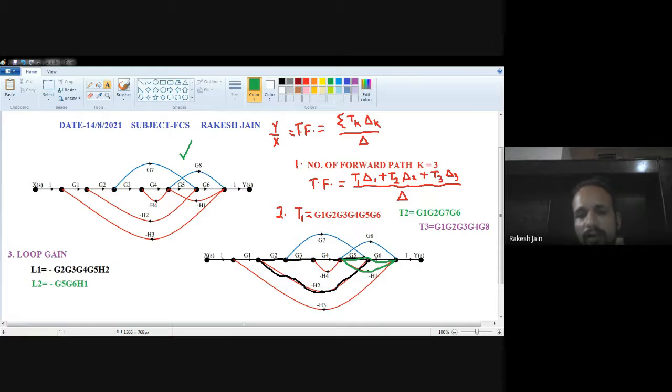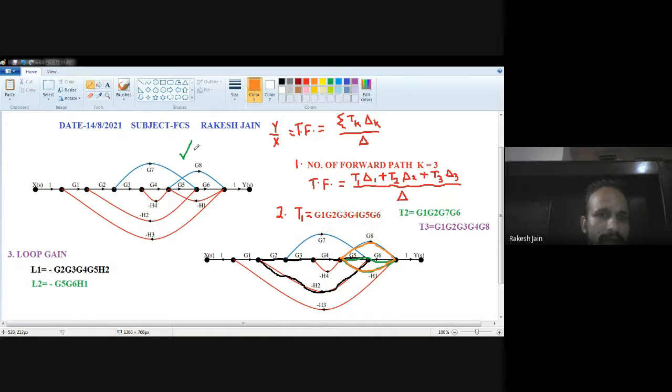Now which one is the third loop? The third loop is G8 and H1. Now see here with this orange color I am showing you the third loop. This is G8 and then minus H1. Okay, this one is the third loop.